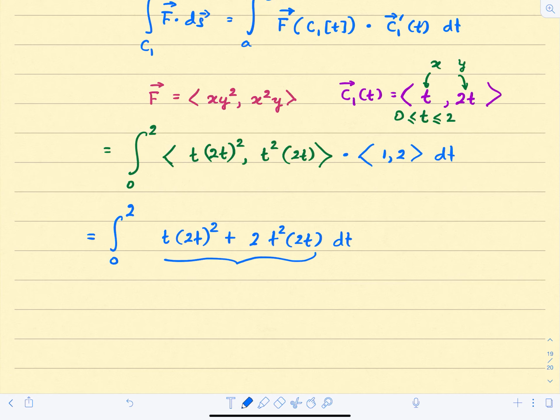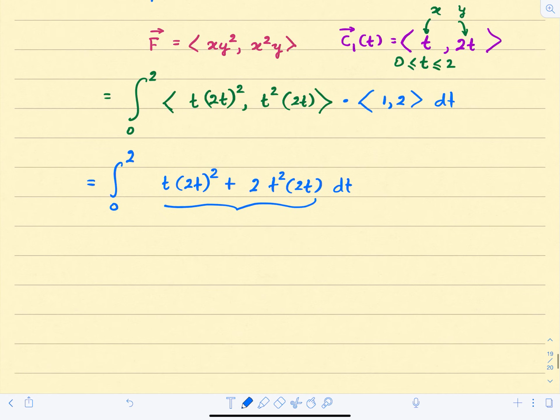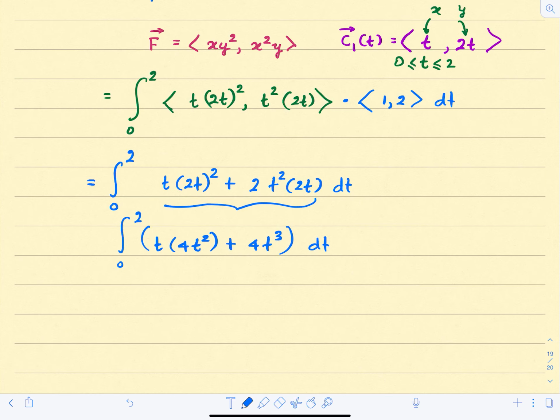If you simplify this, what do you get? You will get t times 4t squared plus 4t to the power 3, dt. Again, you have the integral from 0 to 2.